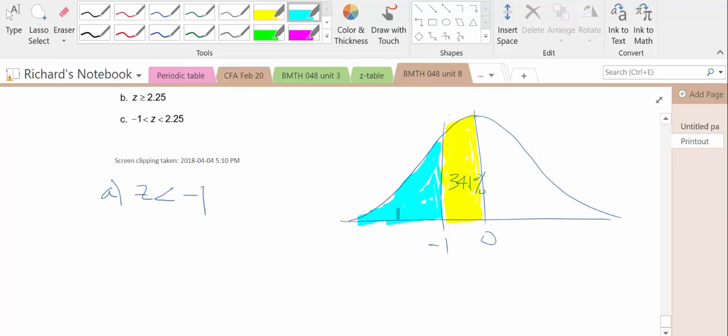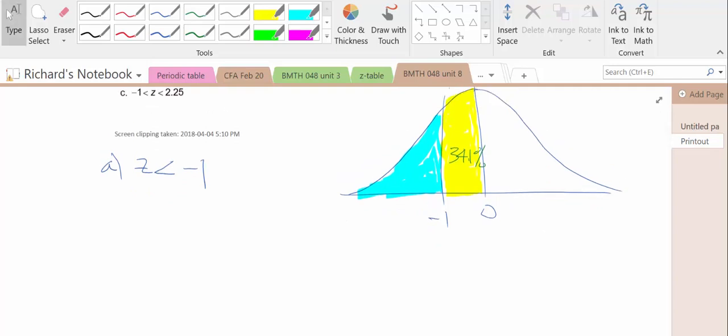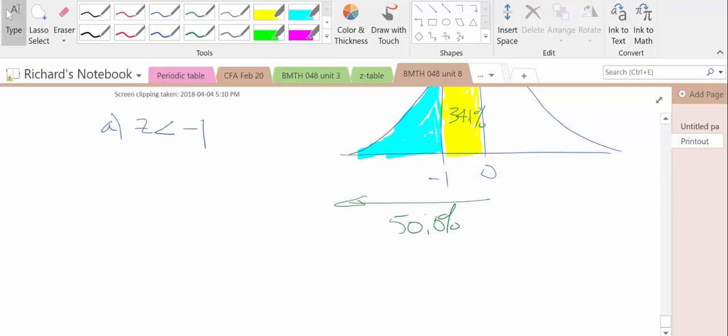What I'm going to do is subtract off that to get the difference, which is this, the percentage of the data below z equals minus 1.